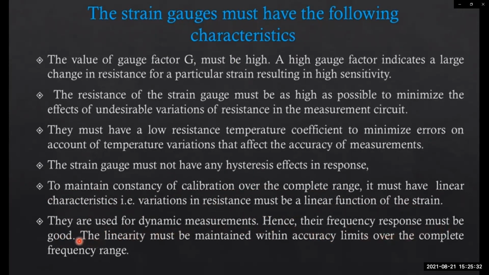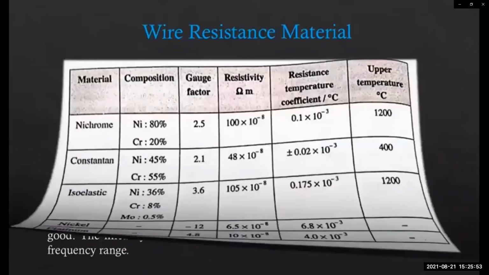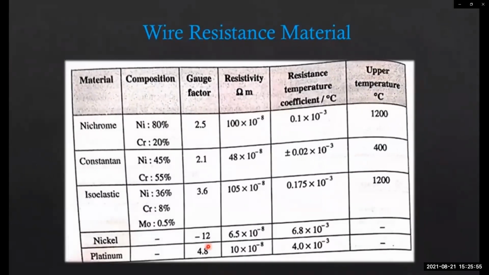So a rapid change in input should be measured by our instrument. The linearity must be maintained within the accuracy limit over the complete frequency range. So linearity must be maintained over the entire range. Okay, so next one, that is the resistance wire material.